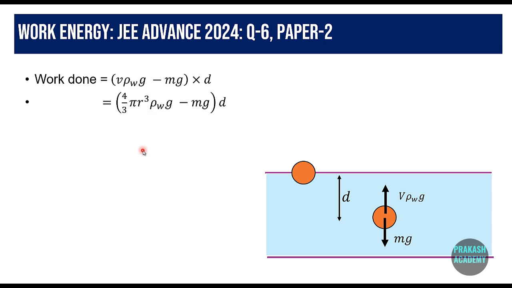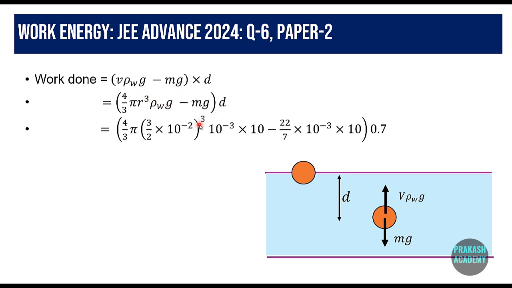Now let us calculate this value. So this is the work done. Volume is 4 by 3 pi r cube. Density of water rho w, z is given, m is also given. So now I can plug in all the values. So this is 4 by 3 pi and this is radius and this is z and this is rho w and mass is given, this is mass and this is gravity and depth is 0.7 meter.